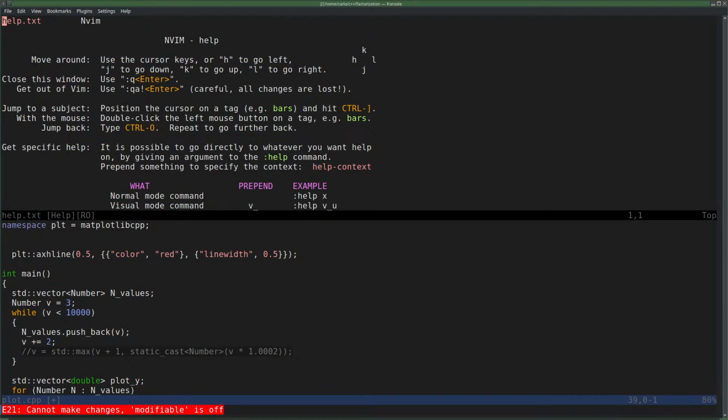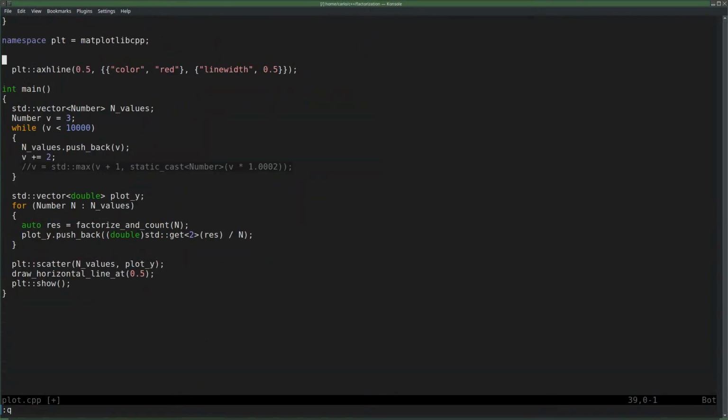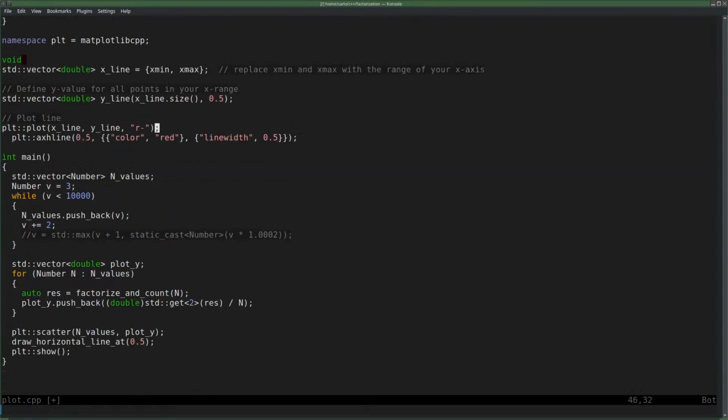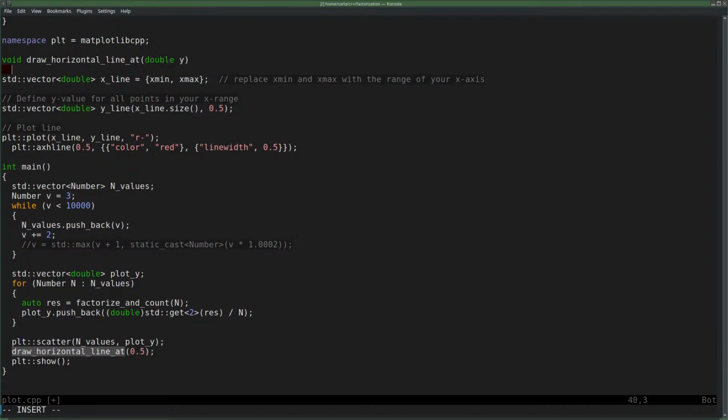Excuse me. Void. To horizontal line at double Y or something like that.